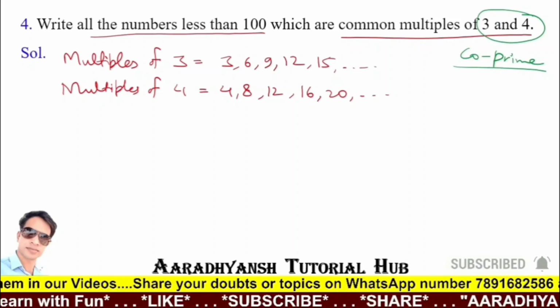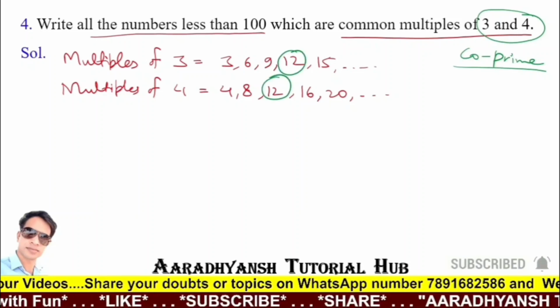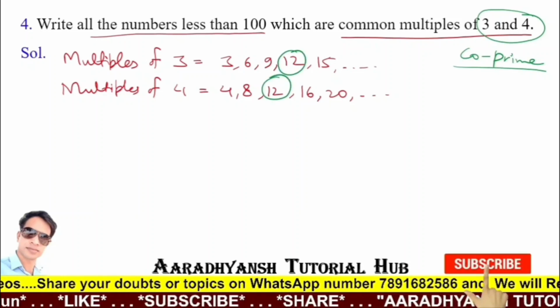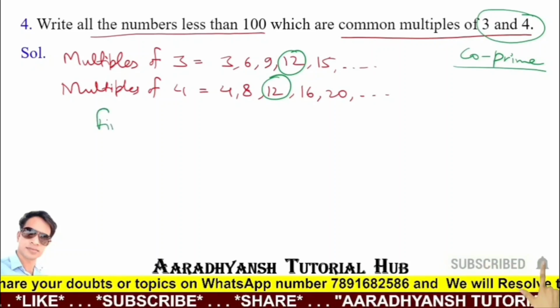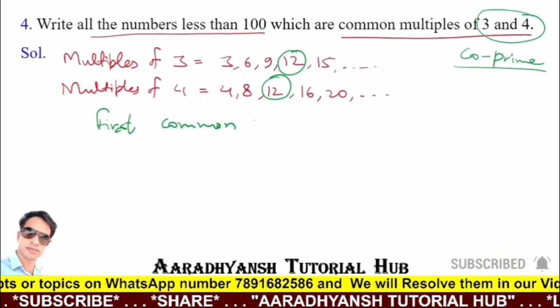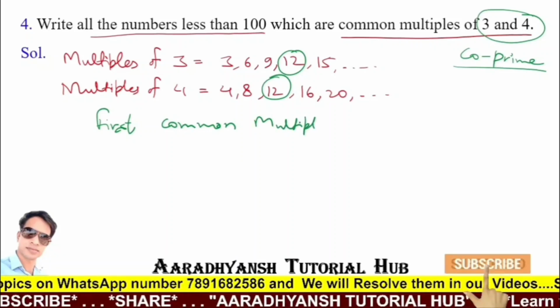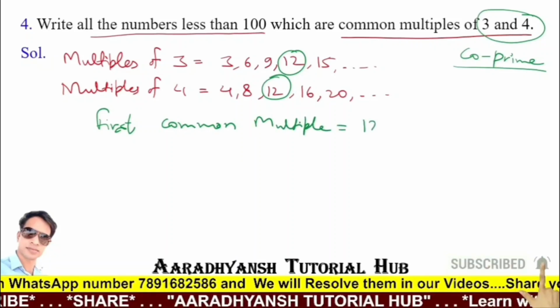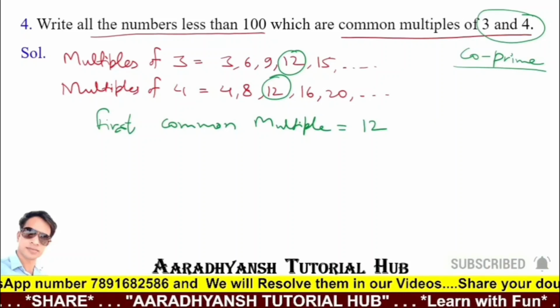So here 12 is the first common multiple of 3 and 4. This is the first common multiple, that is 12.